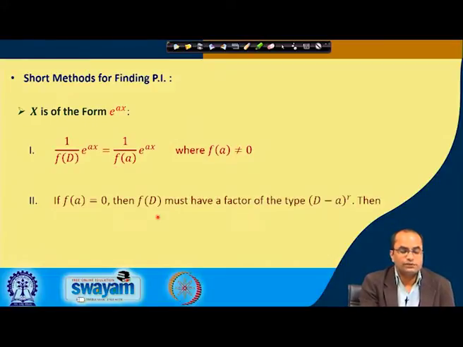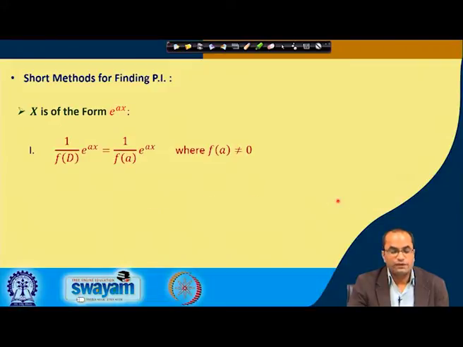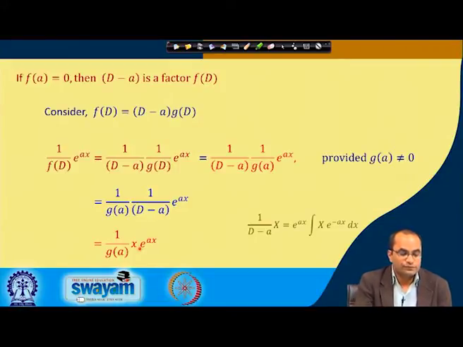If this f(a) is 0, then f(D) must have a factor of the type D minus a power r, and we have already seen what will happen when we have 1 over D minus a operated on e power a x: we are getting x e power a x. Suppose we have here D minus a square.